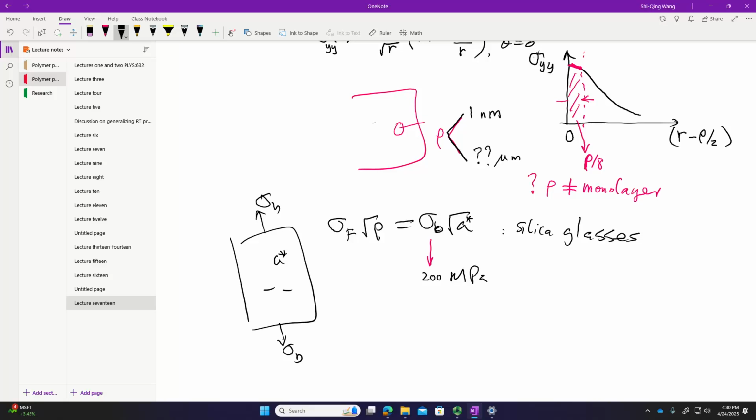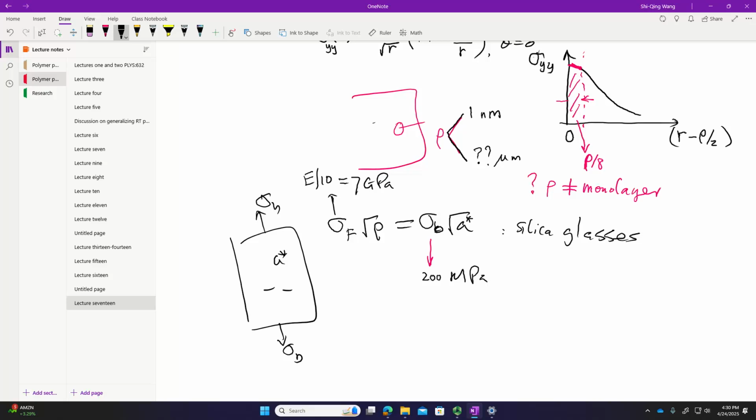So that's about 200 for window glasses. And we learned that the theoretical strength of the window glass is about 1/10 of Young's modulus, which is about 7 gigapascals. The rest is out there.